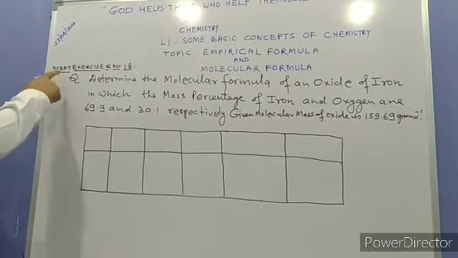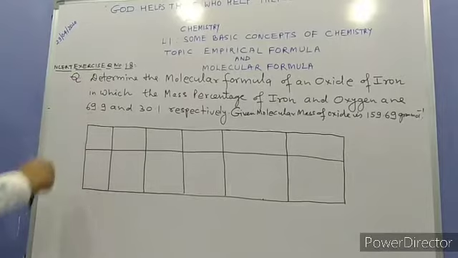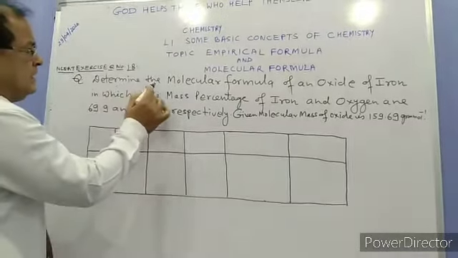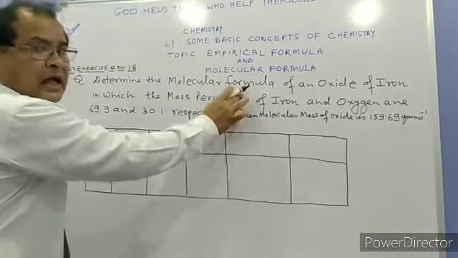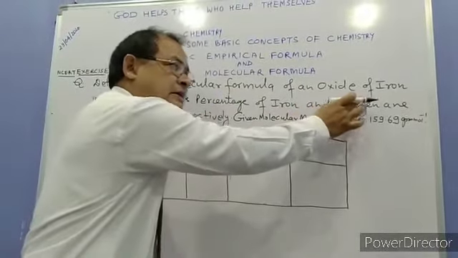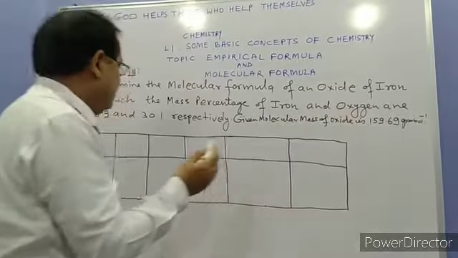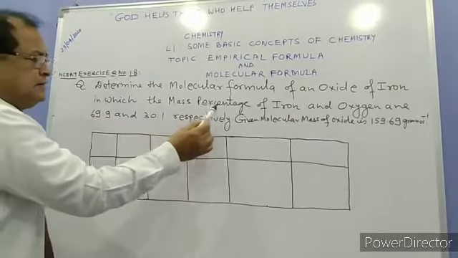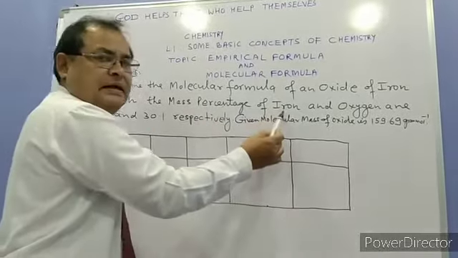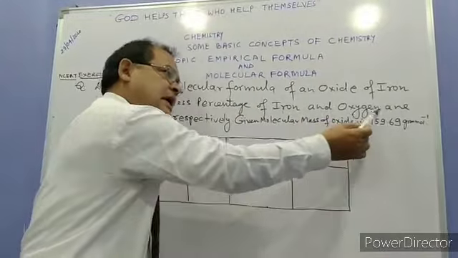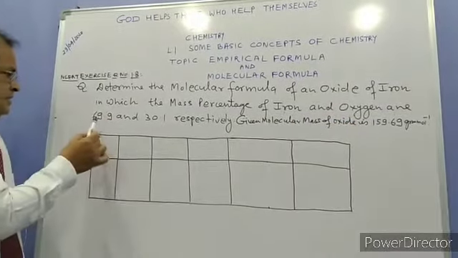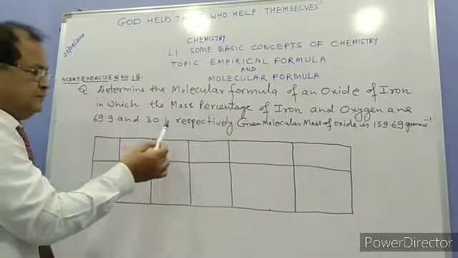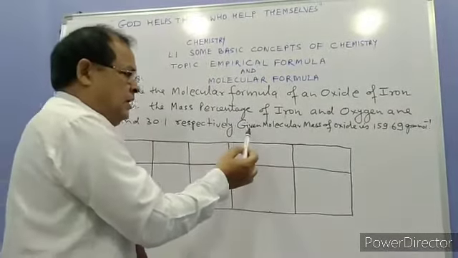Now the next question of the NCERT exercise, question number 1.8. Determine the molecular formula of an oxide of iron in which the mass percentages of iron and oxygen are 69.9 and 30.1 respectively.